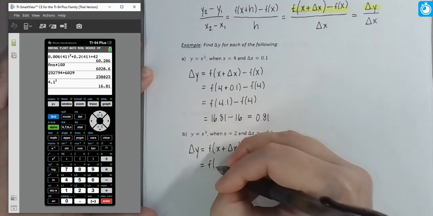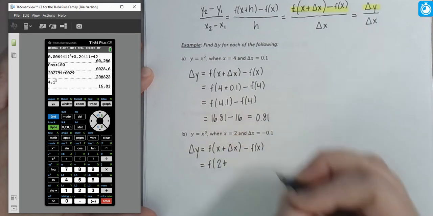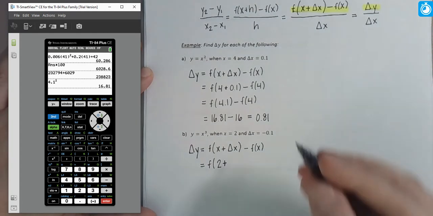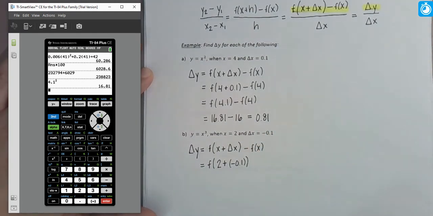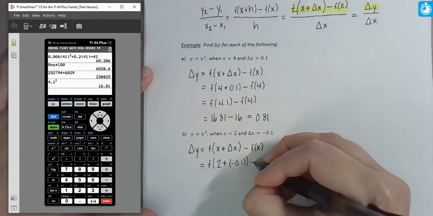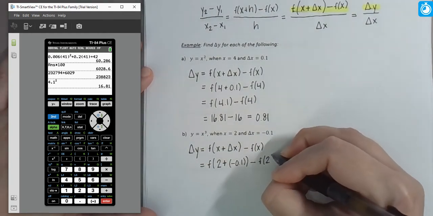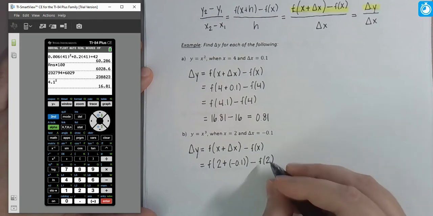Sub in our values. So here x is 2, and then delta x is negative 0.1. So 2 plus negative 0.1, or you could write as minus 0.1 if you want, minus f of x, f of 2, the original x value.